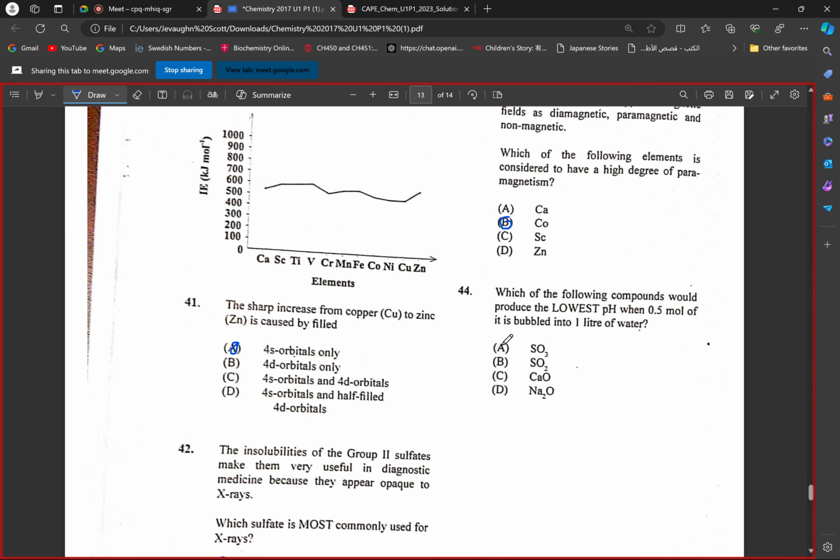Because it would create an acidic solution. Well, B will also create an acidic solution. So explain why A. That will create sulfuric acid, I think. It will create sulfuric acid, right? Yeah, it will create sulfuric acid.